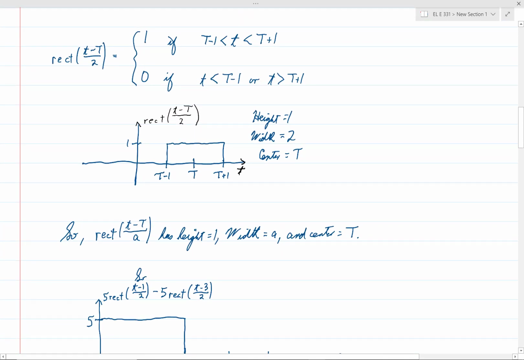So we see that this rectangular function with the argument of little t minus capital T over 2 looks like this. And what we notice is that, as was the case with the first rectangular function, the height is still 1. So changing the argument has not changed the height, but it has changed the width. When we put this 2 down here in the denominator, it increased the width.